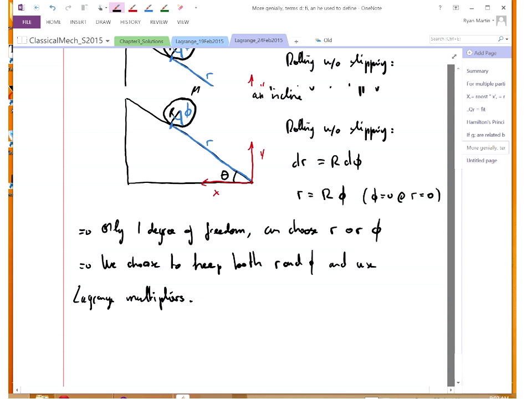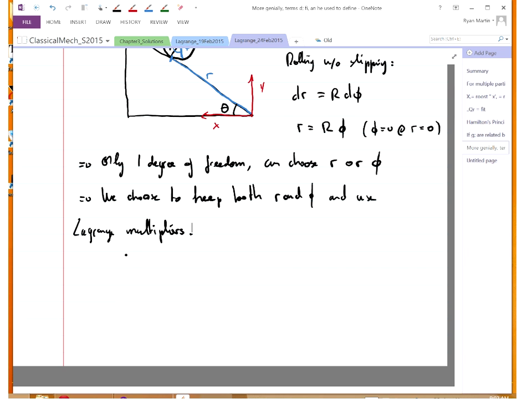So our equation of constraint, which would be f of r and phi, that equation of constraint, remember f has to equal 0, so that's like saying that lowercase r minus capital R phi equals 0.